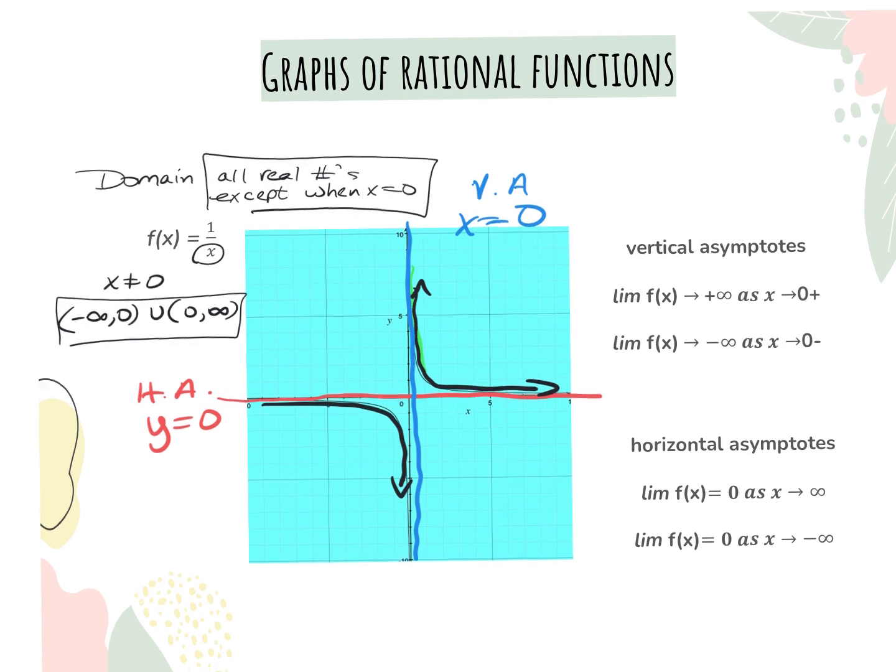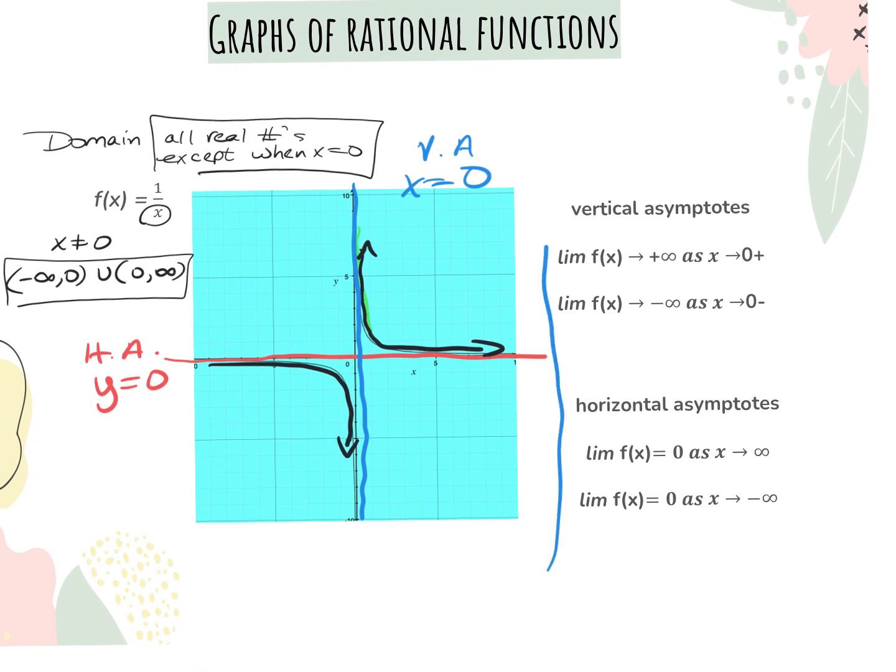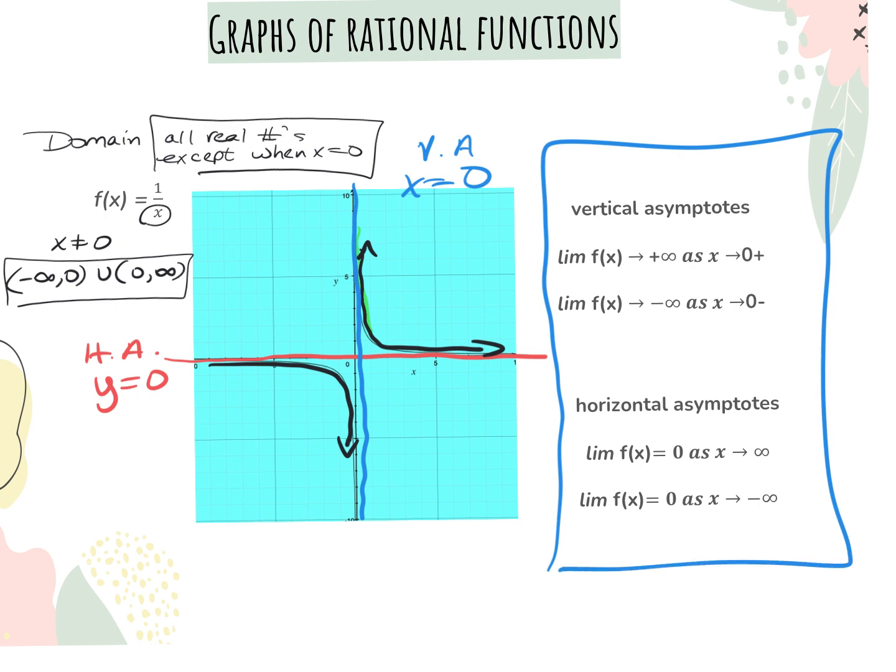Now, over here on this right side, where we're seeing these limits, this is sort of showing how it ties into calculus. You're not responsible for anything that I just boxed in blue.